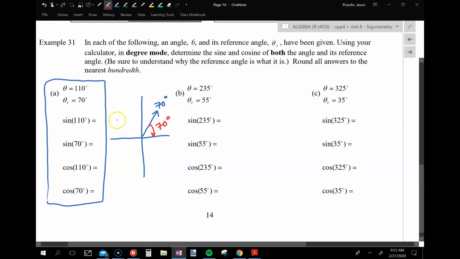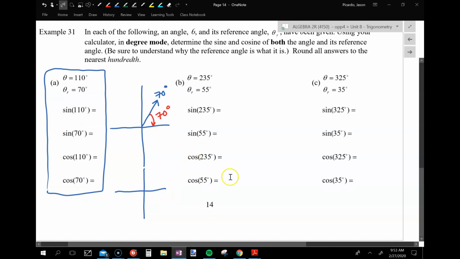Okay, 110 degrees. Where's 110 degrees going to put me? In which quadrant? Quadrant 2. That's 110 degrees, right? What's my reference angle here? 70, because I need to get to the 180, right?